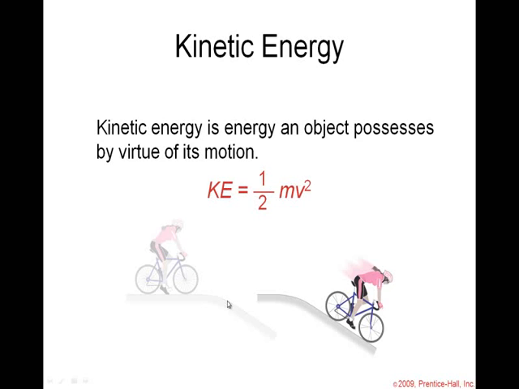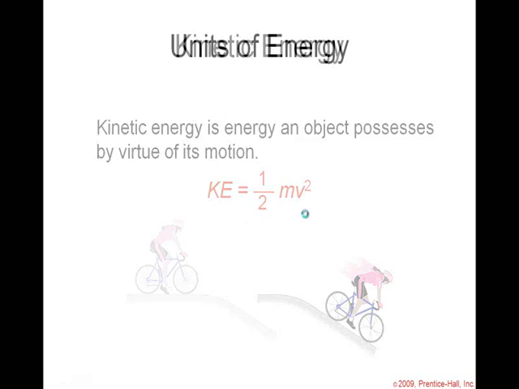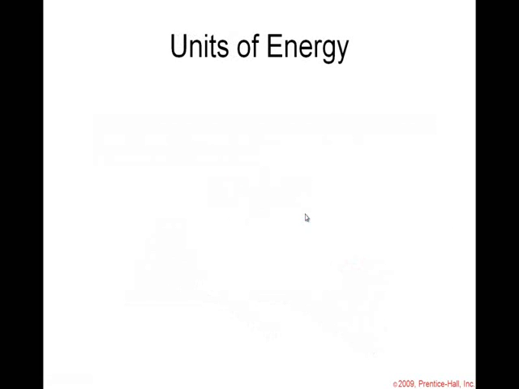Alright, so as you probably also remember, kinetic energy is the energy an object possesses by virtue of its motion, and the formula for kinetic energy is 1/2 mv squared, m being the mass and v being the velocity. It's important that you recognize what the units of energy are going to be, specifically for kinetic energy.